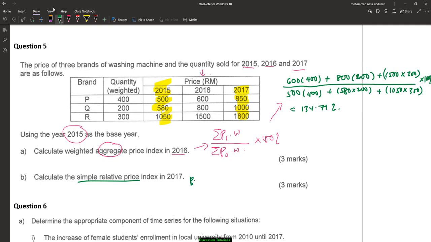So for brand P, the formula for this one is summation of P1 divided by summation of P0 multiplied with 100%. So brand P is 850 divided by 500 multiplied with 100%. So this one is 170%.